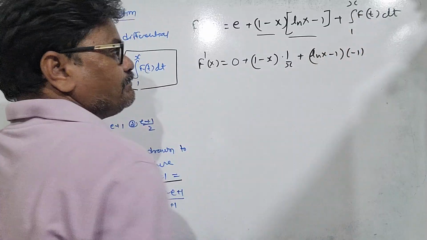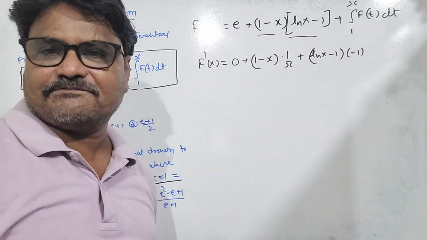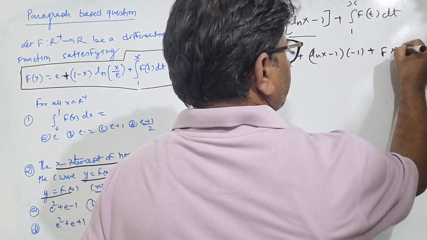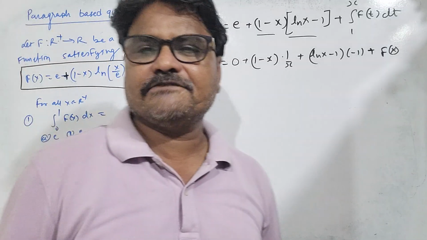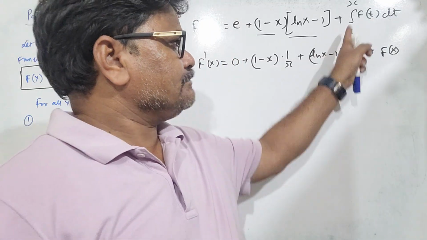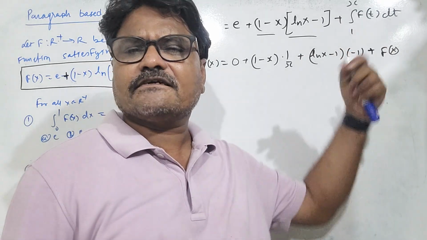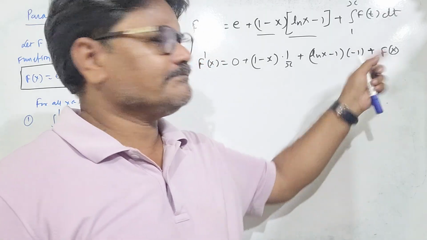And then the derivative of this definite integration, that is your Leibniz formula, is simply f(x). Replace t by x and then take the derivative of x. The derivative of x is 1. Then minus, replace t by 1 and then take the derivative of 1. Whenever it is a constant, its derivative is 0. Therefore simply write down this one. This is very simple, okay?